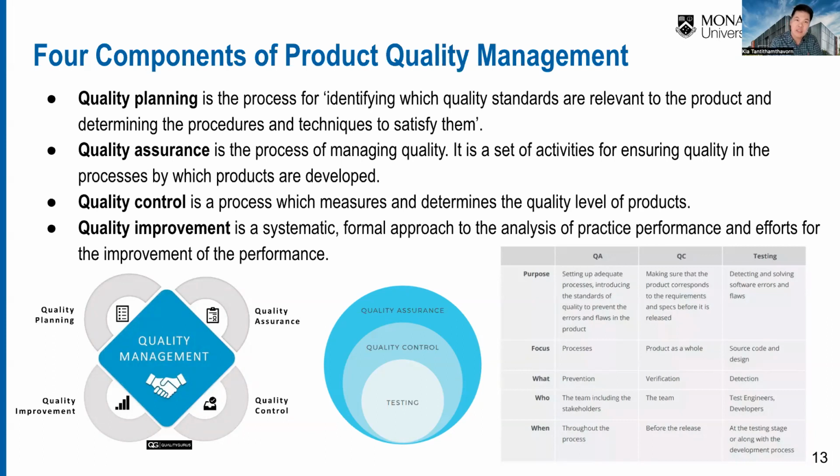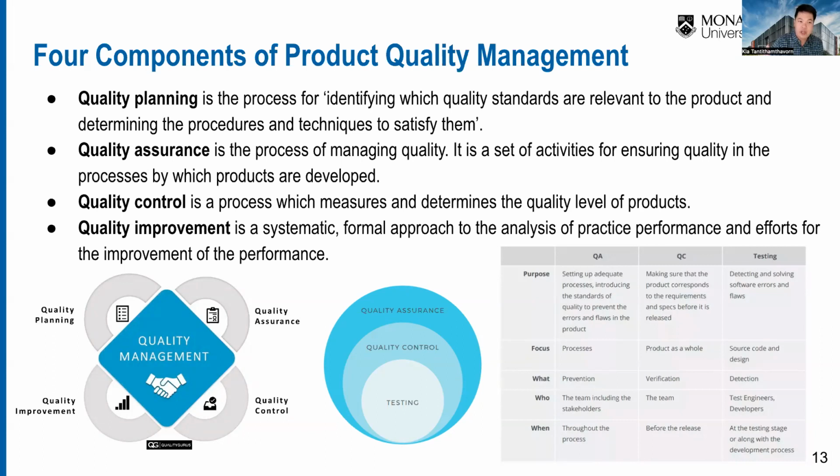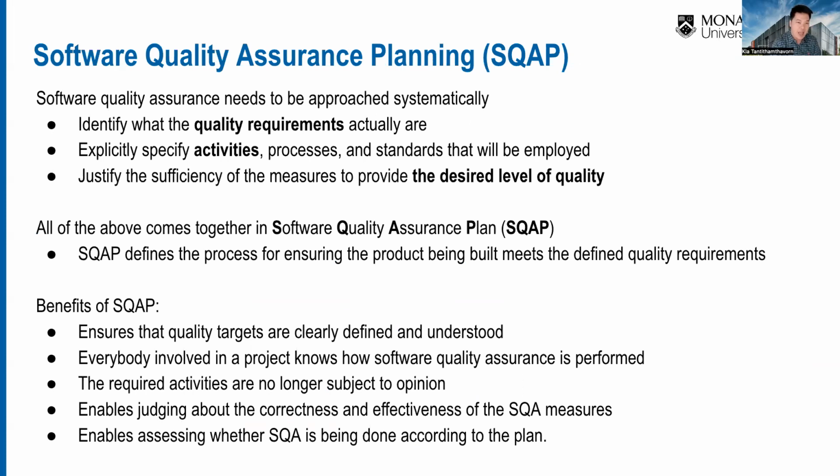So this is a general product quality management, okay? And I will go through it step by step. We will talk about planning, assurance, and approaches in the next few slides, okay?